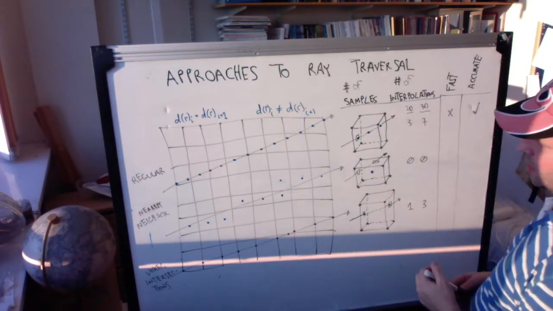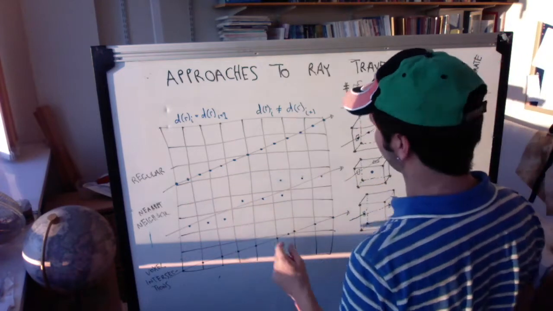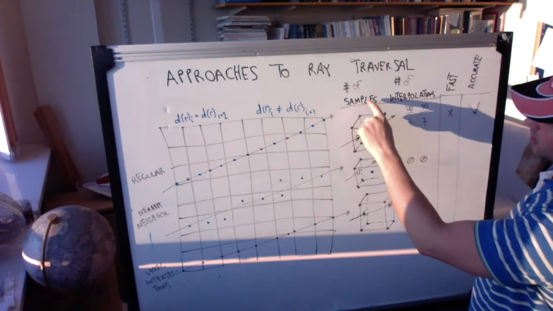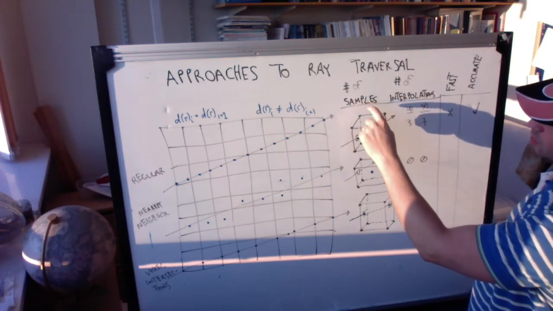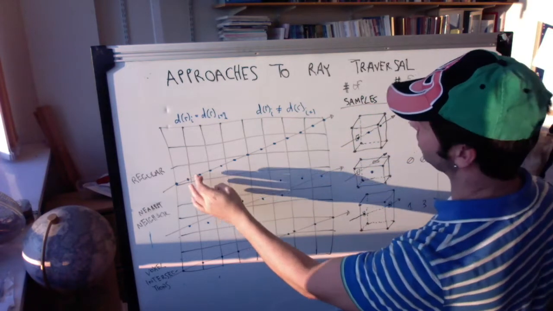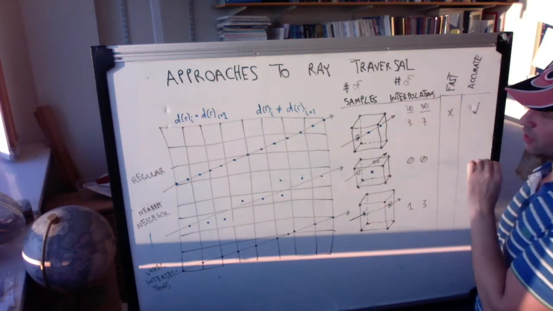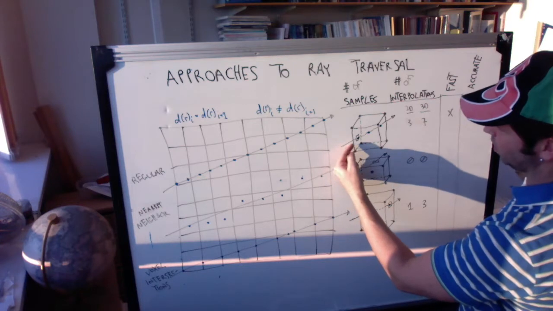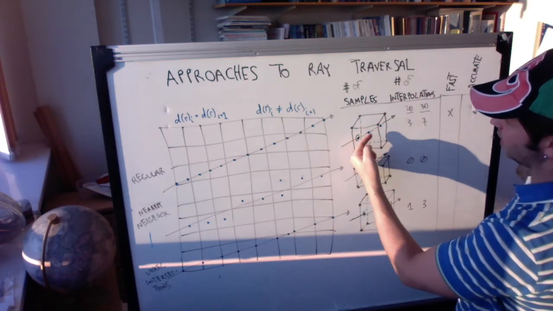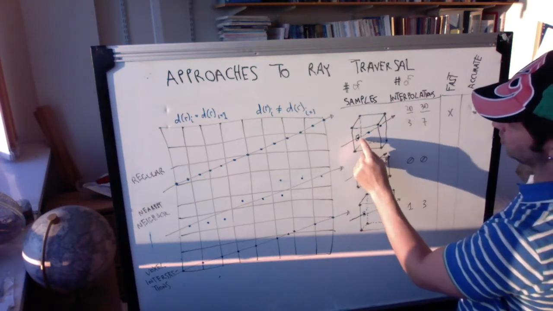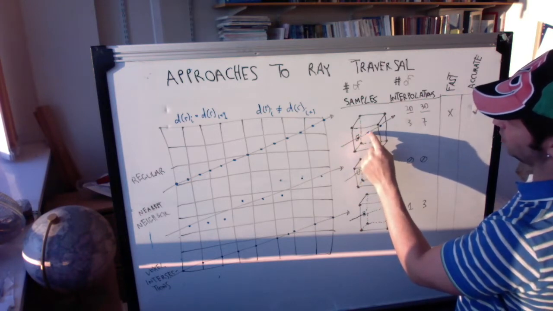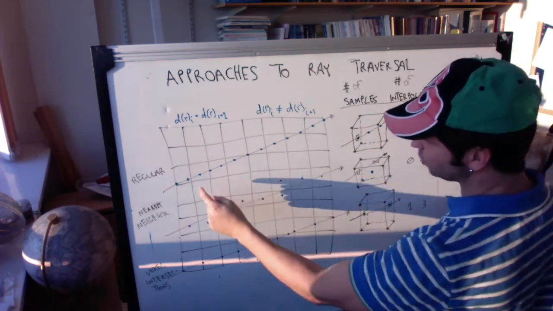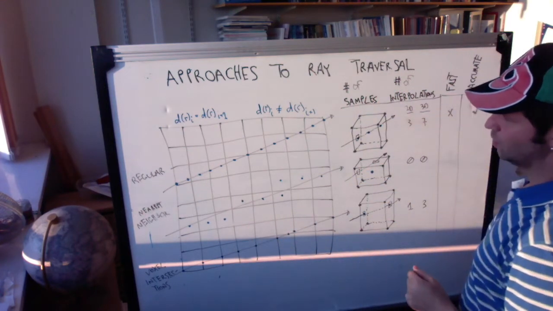Now, in the two-dimensional context, I'm keeping track of the number of samples used in the interpolation process and the number of interpolations necessary. So this is actually supposed to be a 3D ray passing through a cube, right? This is the entry point. That's the next sample, and that's another sample. And this is the 2D case, right?